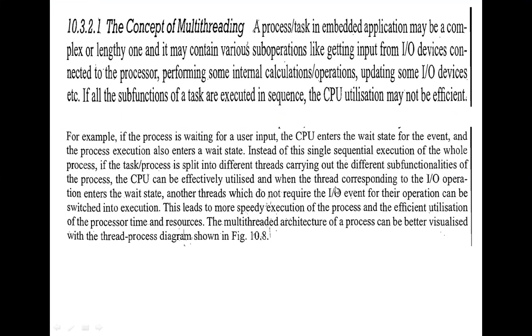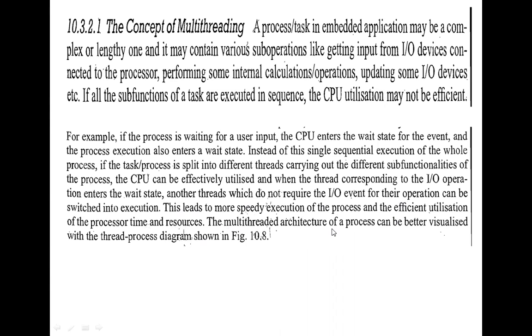When the thread corresponding to the input-output operation enters the wait state, another thread which does not require the input-output event for its operation can be switched into execution. This leads to more speedy execution of the process and efficient utilization of the processor time and resources.